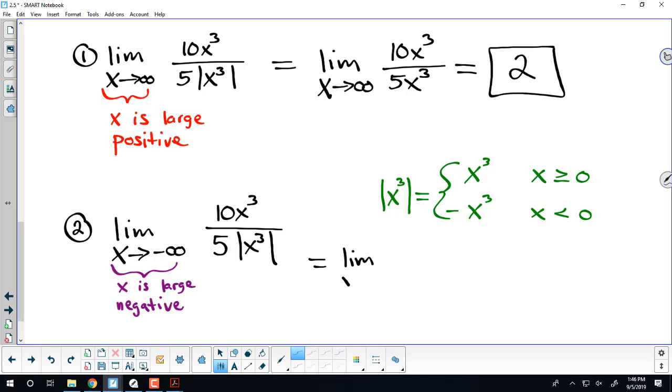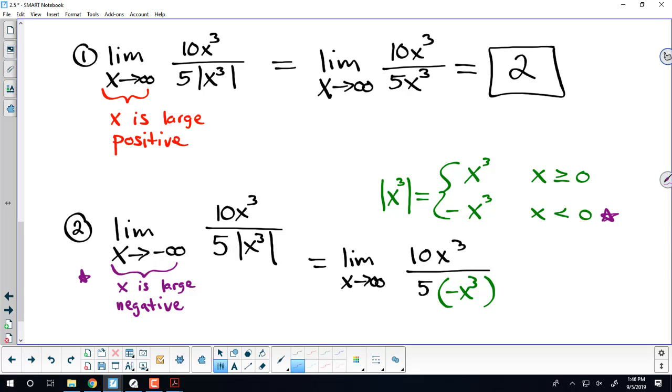So the limit as x approaches negative infinity, if we're rethinking the denominator, is just 5 times negative x cubed. We'll put an asterisk here and here.